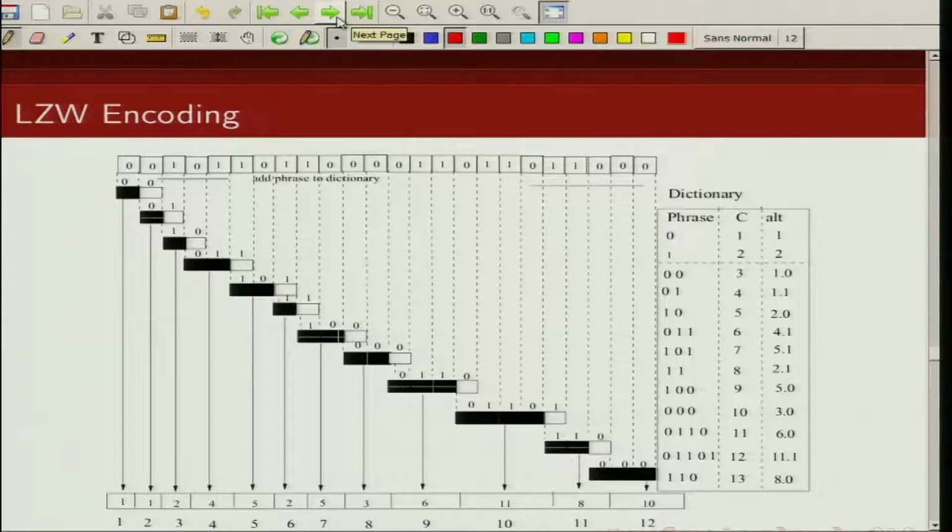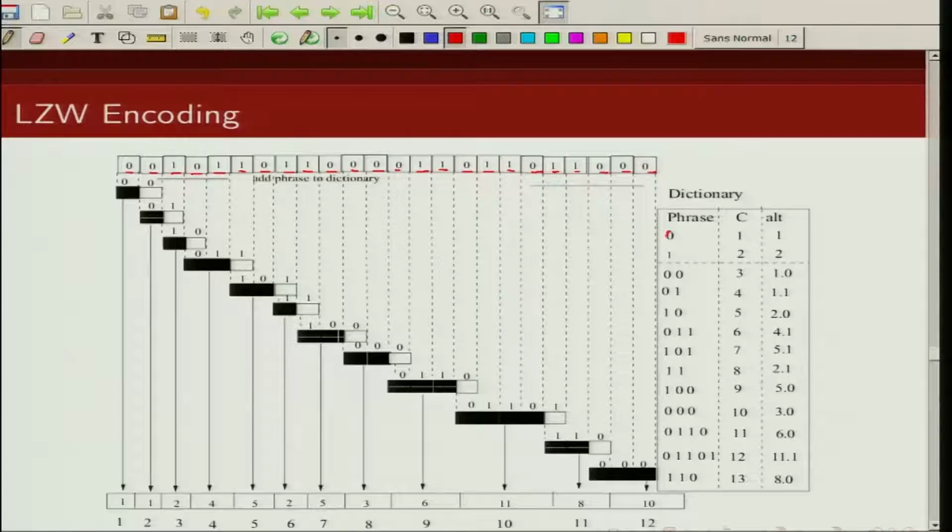This is the sequence that we want to encode: 0 0 1 0 1 1 0 1 1 0 0 0 0 1 1 0 1 1 0 1 1 0 0 0. This is the sequence that we want to encode using Lempel-Ziv Welch algorithm.